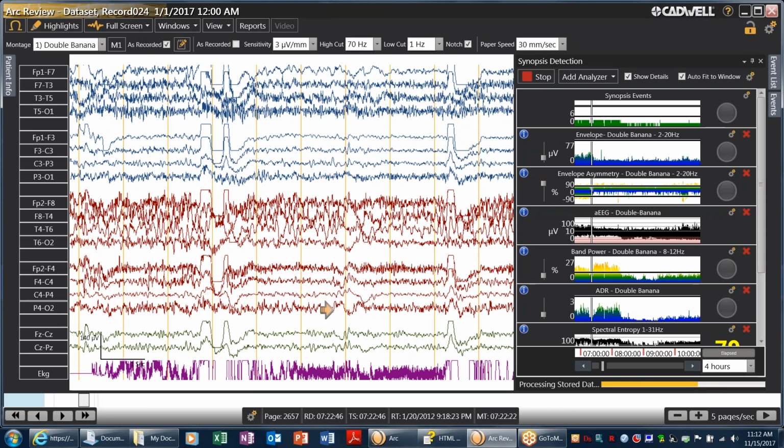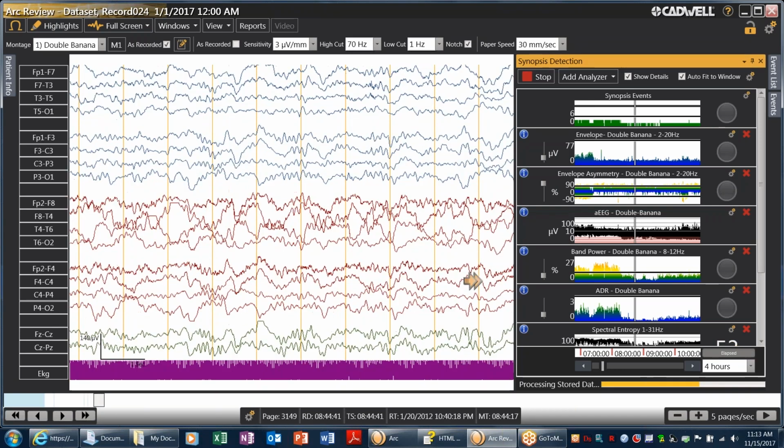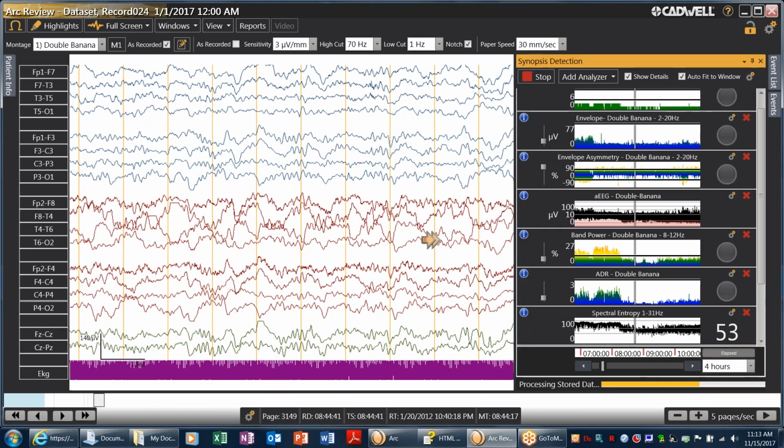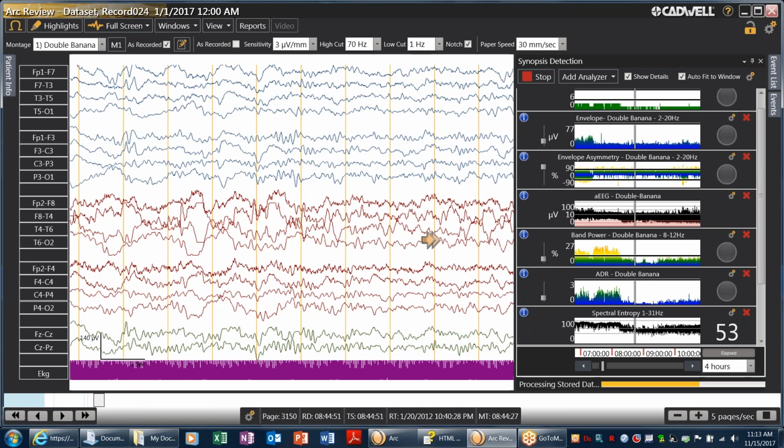And so, as we mentioned before, one of the things that sometimes is helpful is to look for sleep in the file, and then look at sleep architecture as an indicator of function. If we scroll through, we can use any of these really, most of them are showing this change.